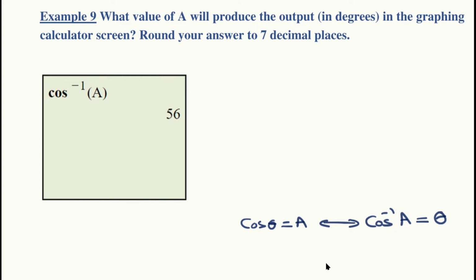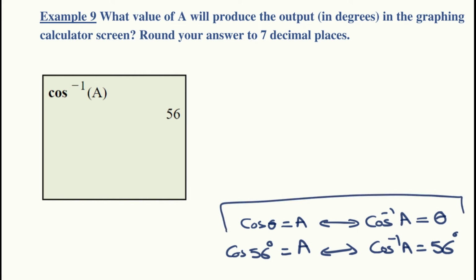In other words, here we're given inverse cosine of a equals 56. Remember, that means this is going to be in degrees. So this implies that a is going to be the cosine of 56 degrees.